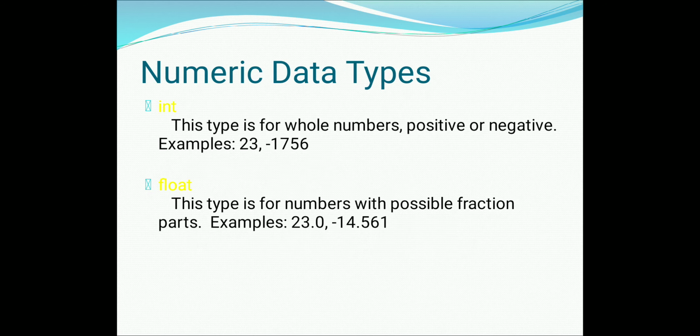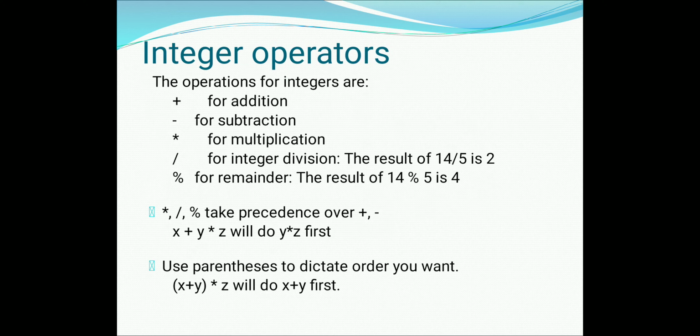Numeric data types. This type is integer. This type is for whole numbers, positive or negative. Example: 23 and minus 1756. And float. This type is for numbers with possible fraction parts. Integer operators.